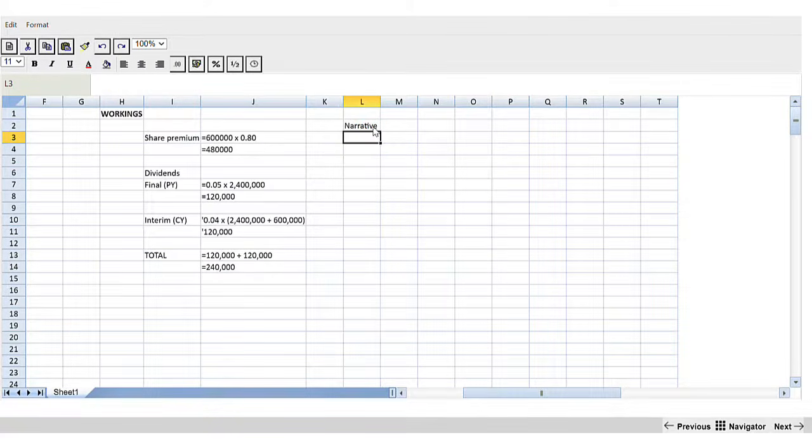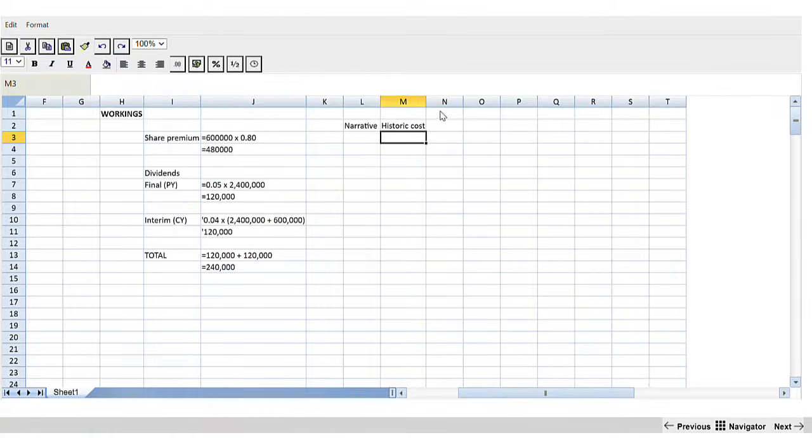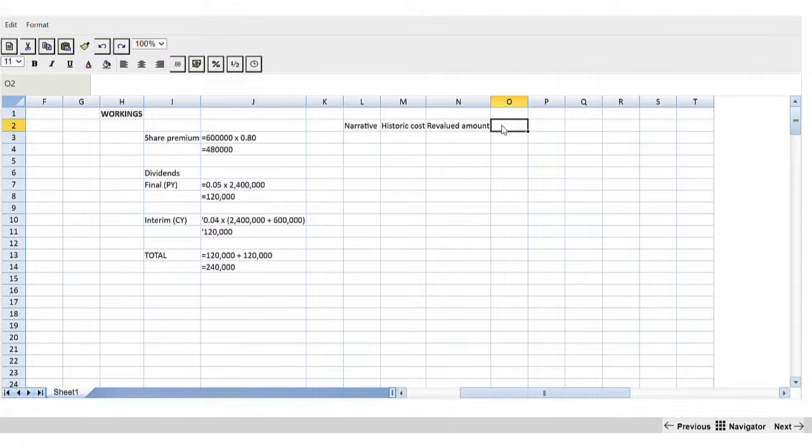You've seen this before, you've seen it in the notes. So I'll have my narrative, I will have my historic cost, I will have my revalued amount, and then what I will also have is my reserve, your revaluation surplus.